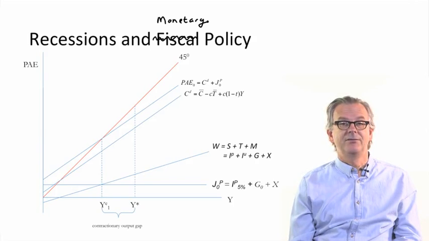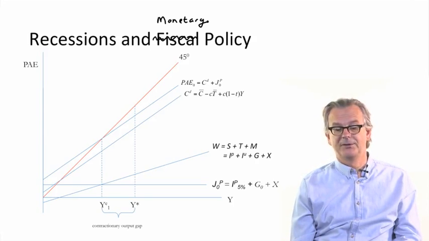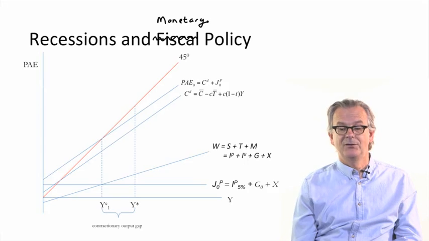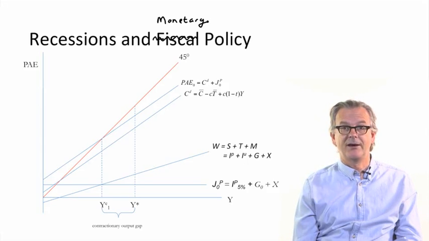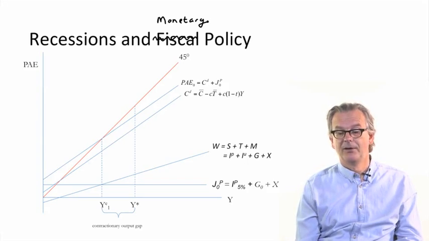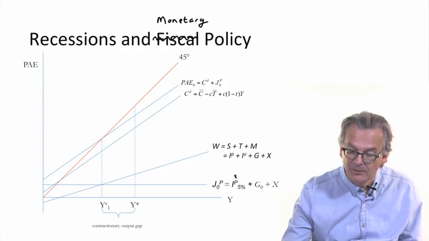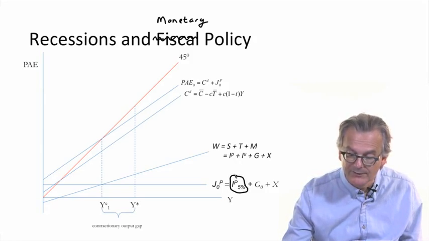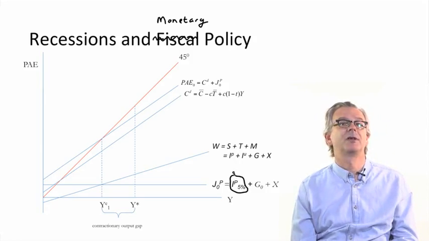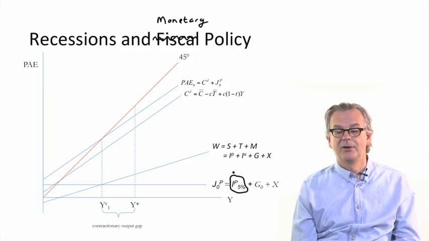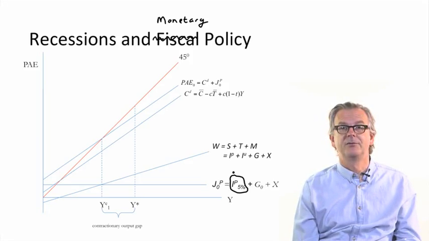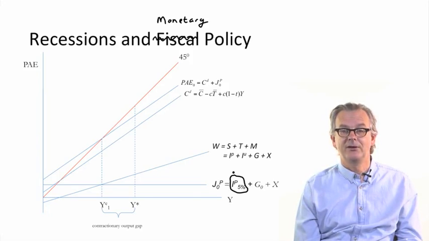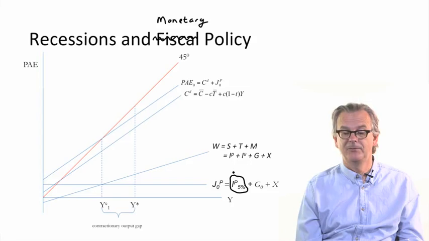In this basic Keynesian framework, it actually doesn't look all that different from fiscal policy. What we're trying to do is to boost planned aggregate expenditure in the economy, to eliminate the contractionary output gap. But with monetary policy, what we're going to do is focus on providing incentives for firms to boost their planned investment. And we can do that through the mechanism of providing firms with lower real interest rates through monetary policy.